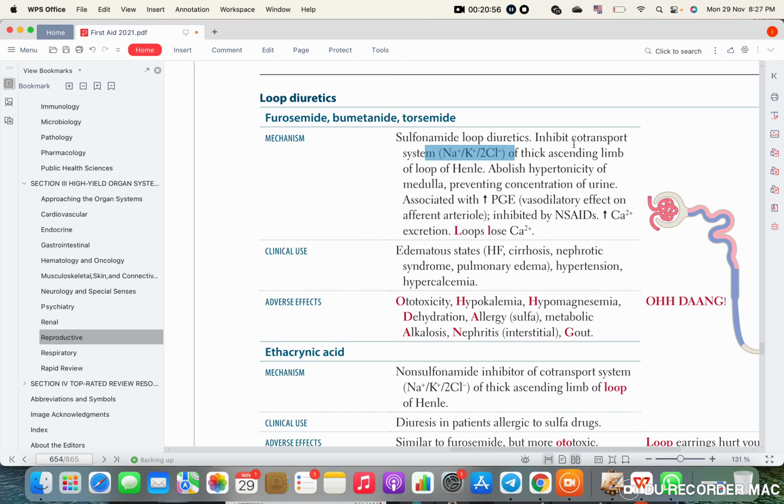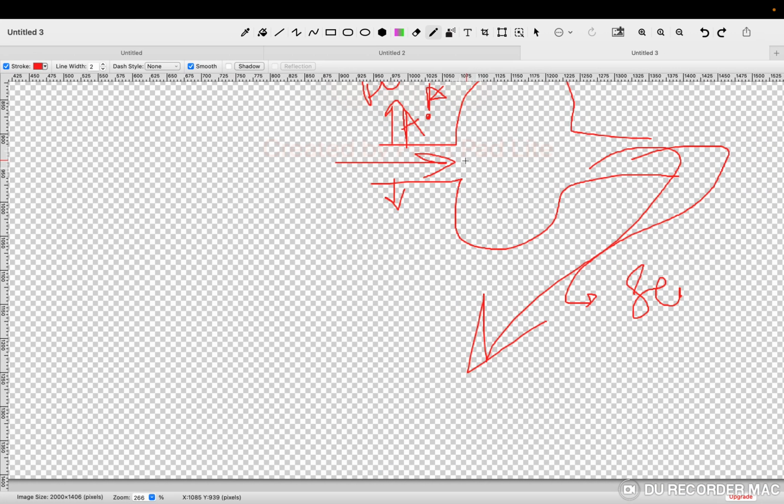Since they work through the prostaglandins only, they do not work on angiotensin 2. So you tell me, will it be only afferent or afferent and efferent? Only afferent, yes. This is actually a good note.